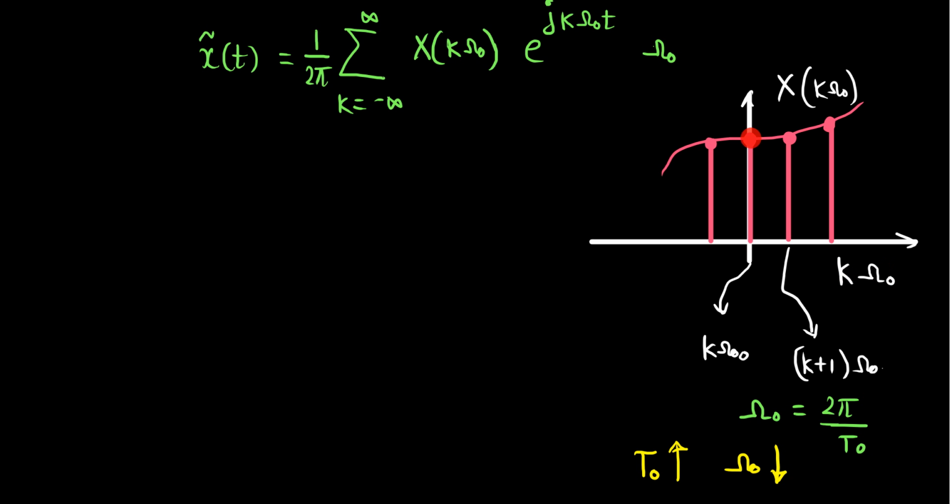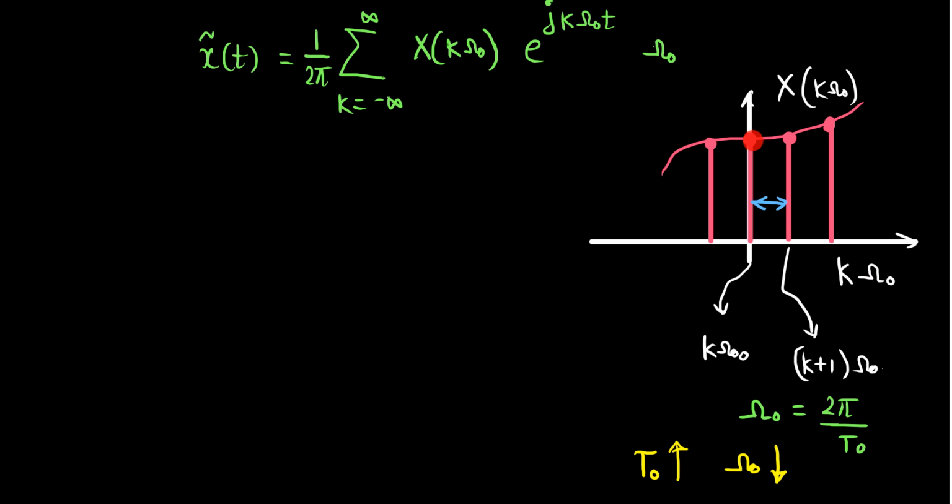That means the gap between these two subsequent samples is going to reduce. So this gap here is going to reduce, and these two points are going to merge, as t naught tends to infinite, because in that case this omega naught tends towards 0.